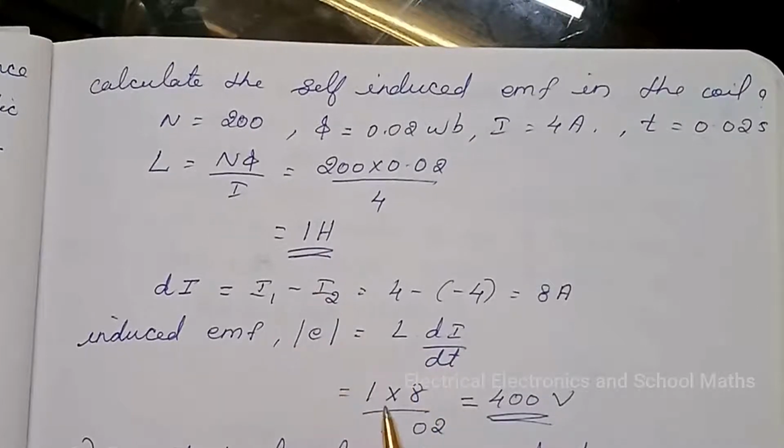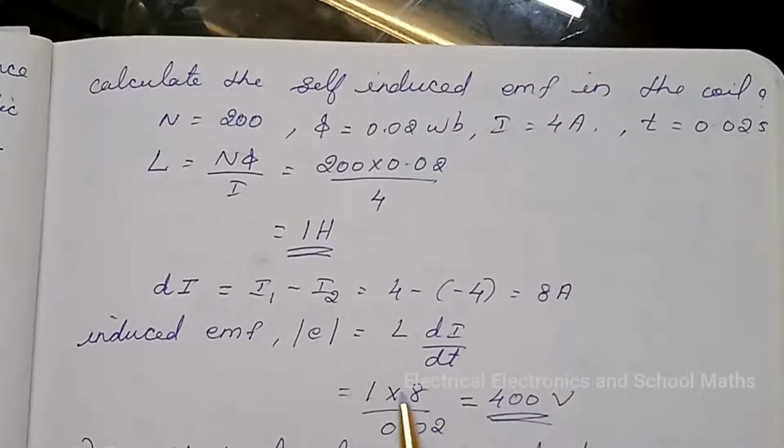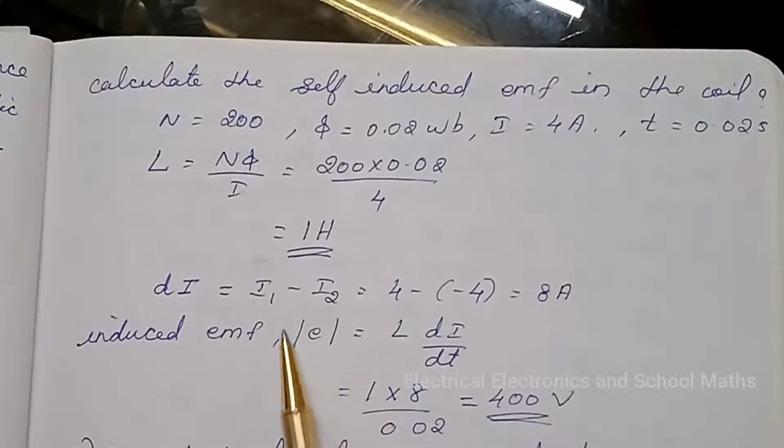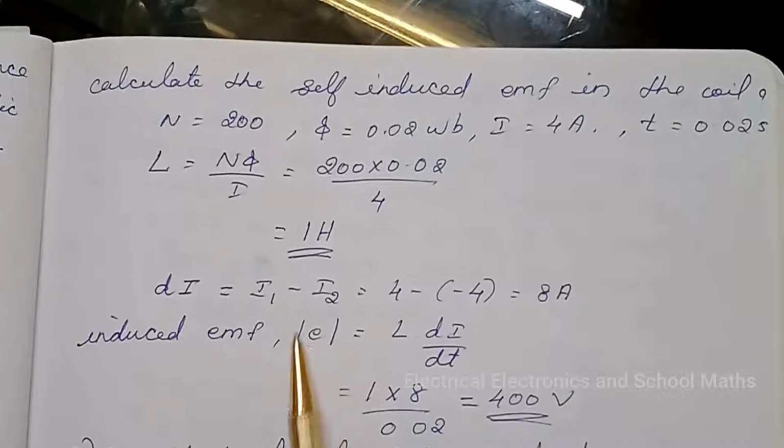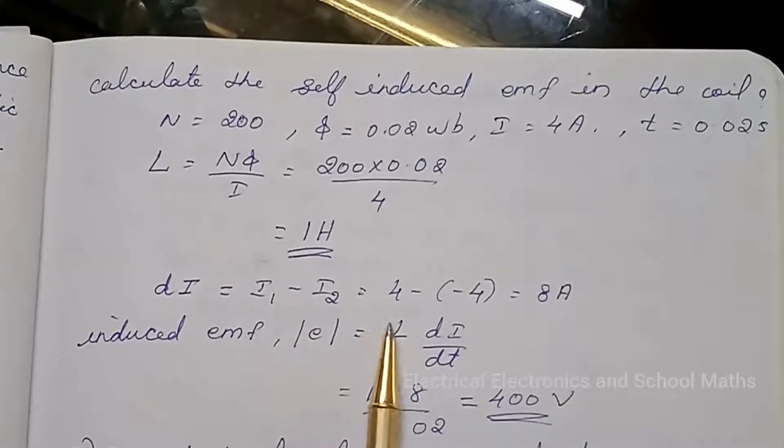L is 1 Henry, dI is 8 ampere, dt is given as 0.02, and we get 400 volt. If we write magnitude of E, then no need to write the negative sign here.